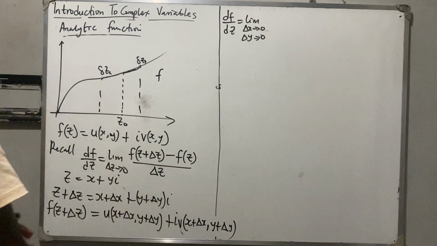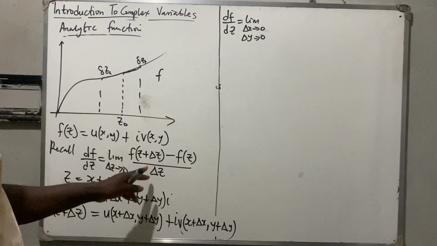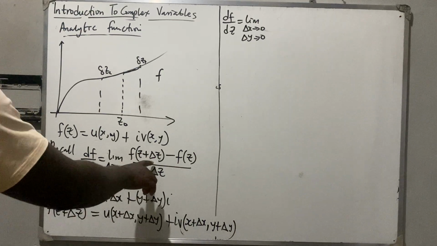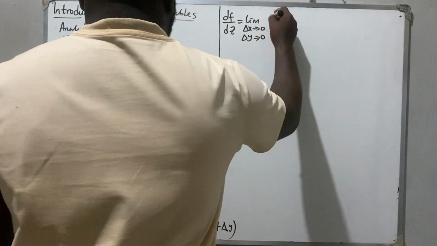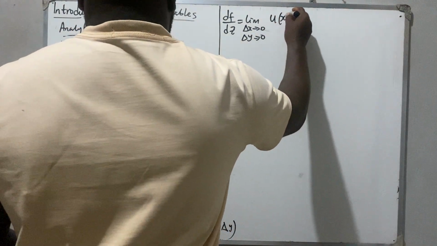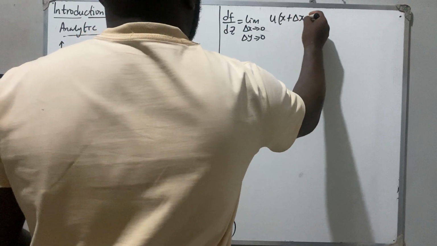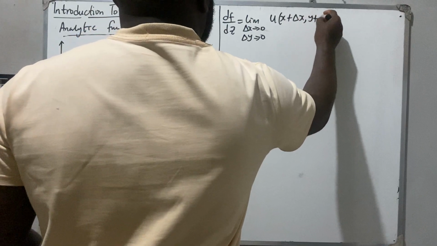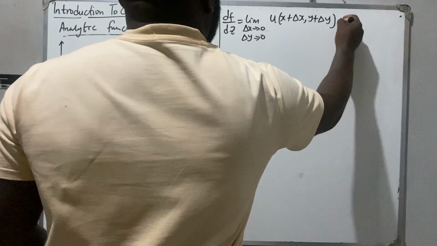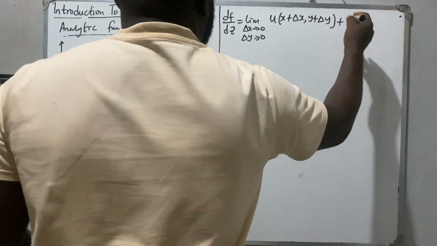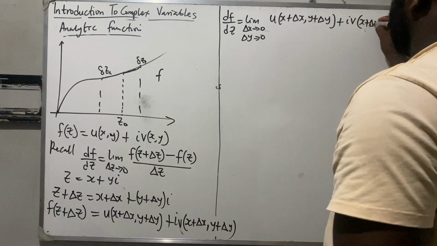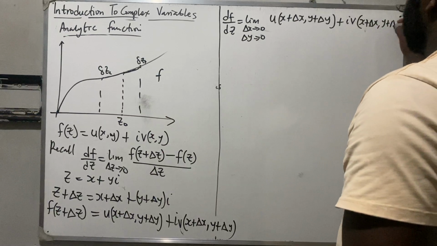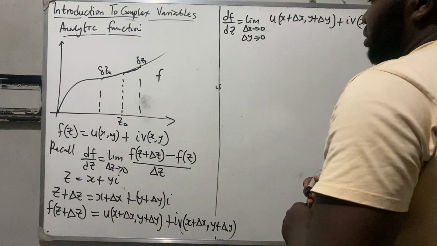So f of this plus this is equal to u of x plus delta x, comma, y plus delta y, then plus i v in bracket of x plus delta x, comma, y plus delta y.